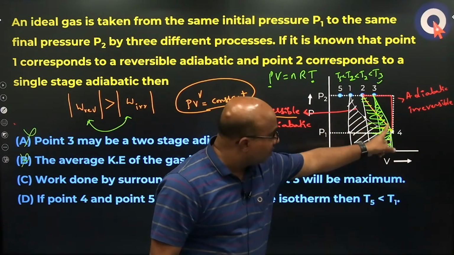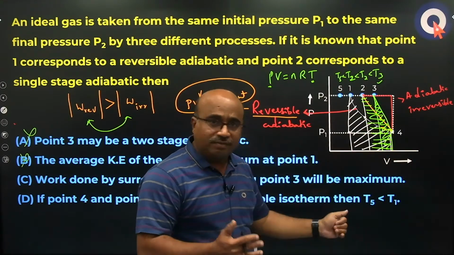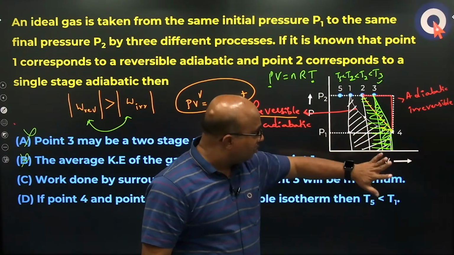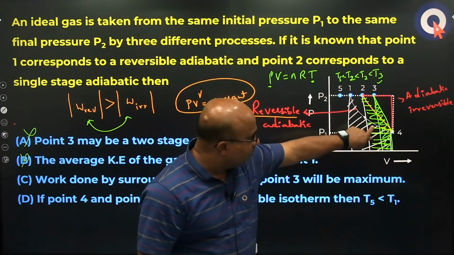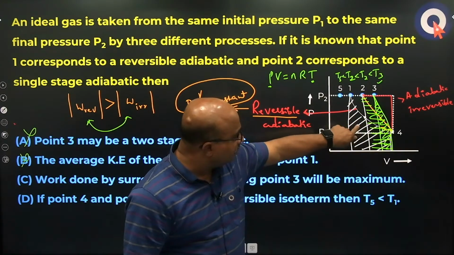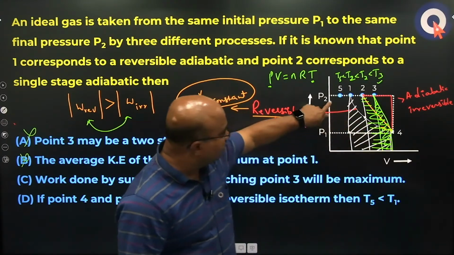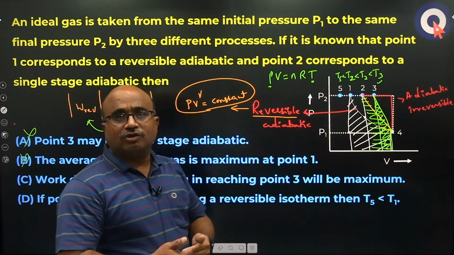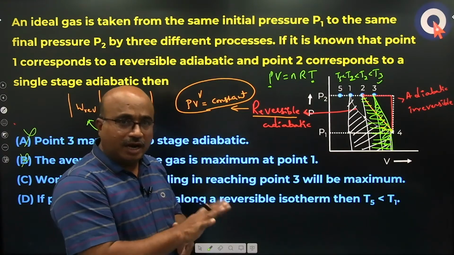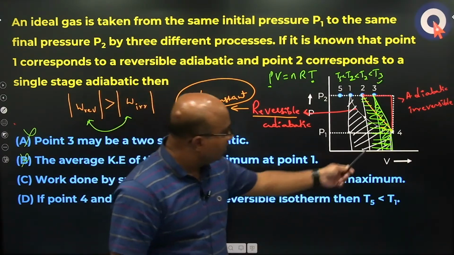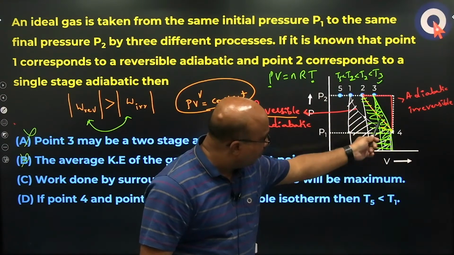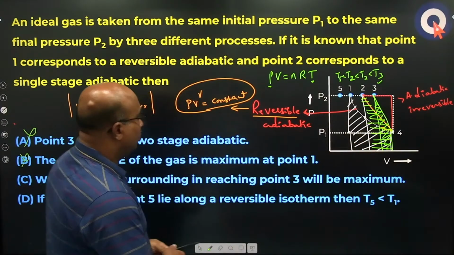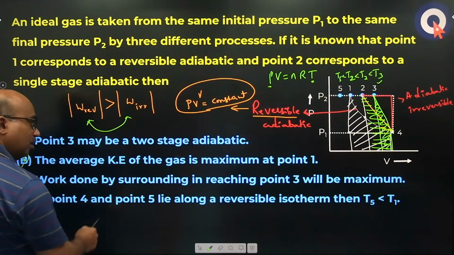The area under the curve, under the PV graph, always indicates the work done. So this one will always be lesser than this one. This is again lesser than this. But if you go, this will be less. Clear? So as you compare the area under the particular graphs, the area under this curve will be lesser than the others. So here the work done is not maximum also.